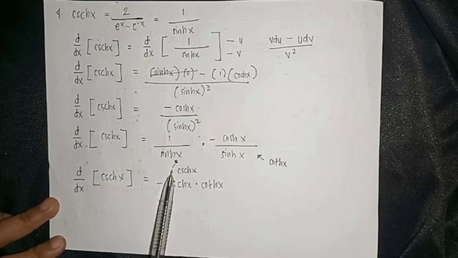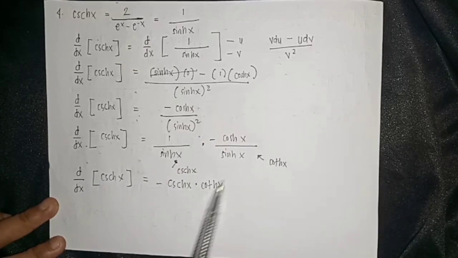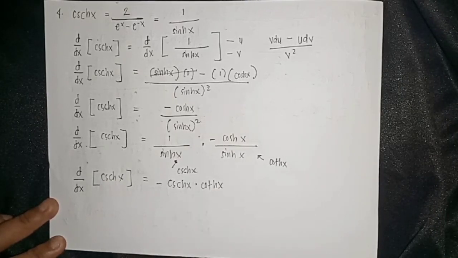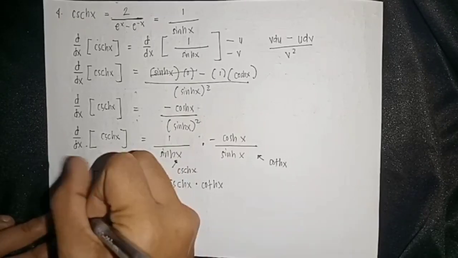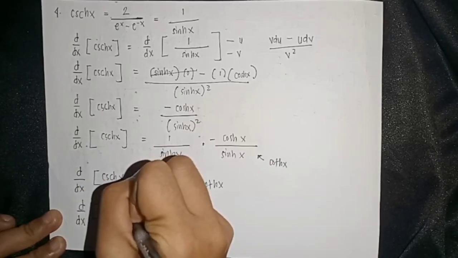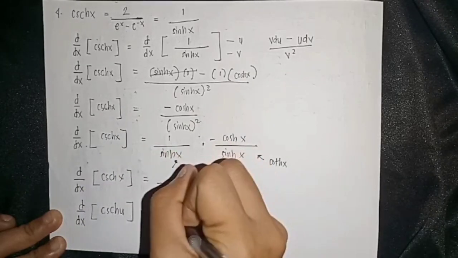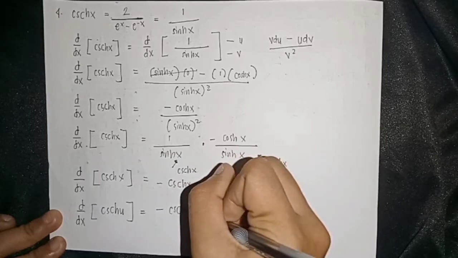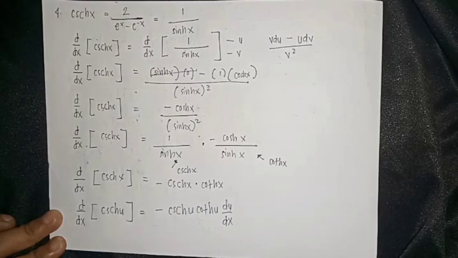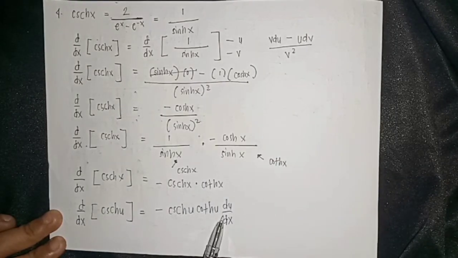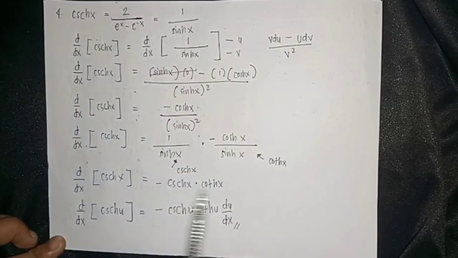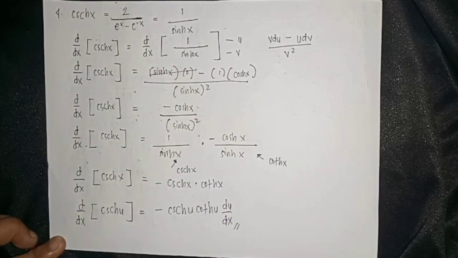Again, the 1 all over hyperbolic sine x is what we call hyperbolic cosecant x, and the negative hyperbolic cosecant x all over hyperbolic sine x is equal to the hyperbolic cotangent x. In general form, the derivative of hyperbolic cosecant u is equal to negative hyperbolic cosecant u times hyperbolic cotangent u, du over dx.